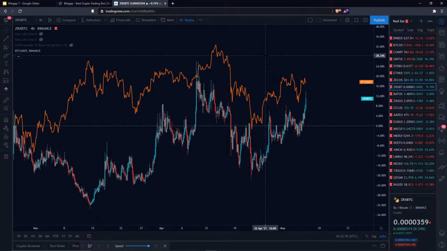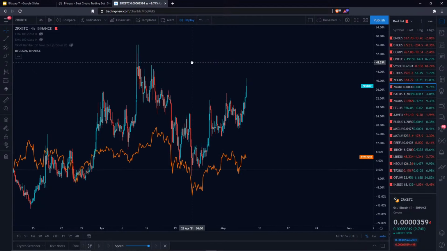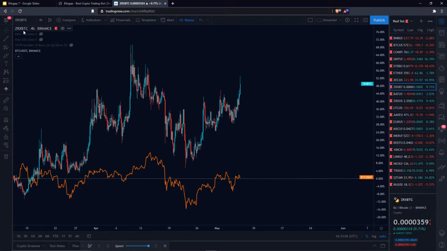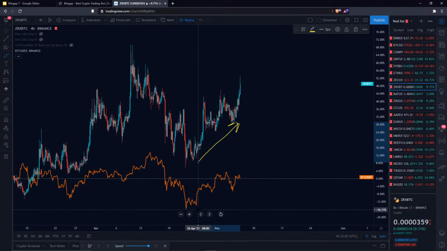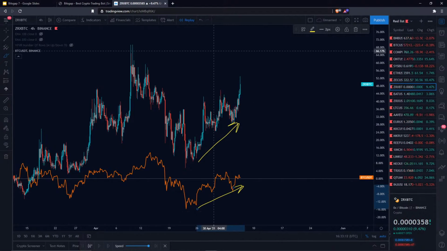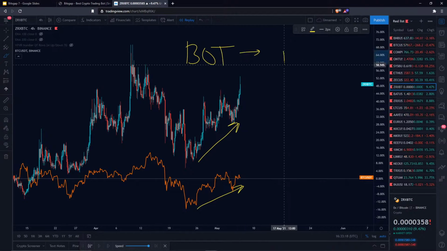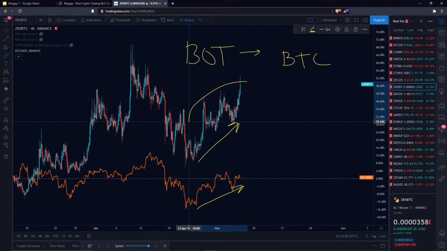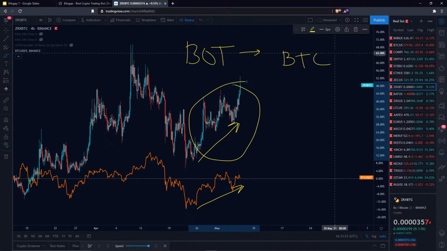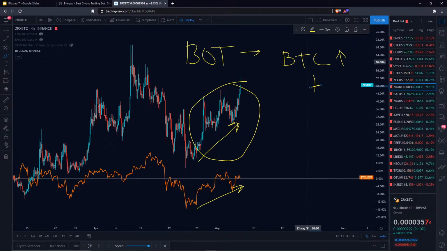So look at that. The thing here is that as the price of 0x relative to Bitcoin rises, you can notice that the value of Bitcoin relative to USDT also rises. So the bot made your returns in BTC on this rally here, and at the same time this Bitcoin that you made in this bot trade also has appreciated during this period of time.